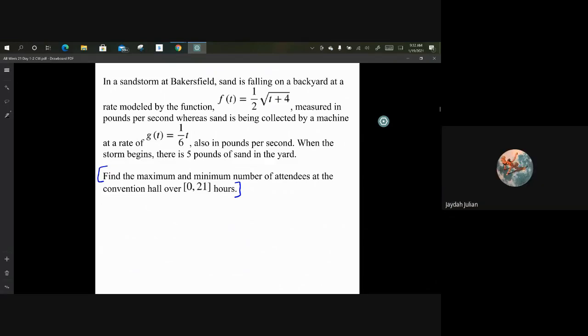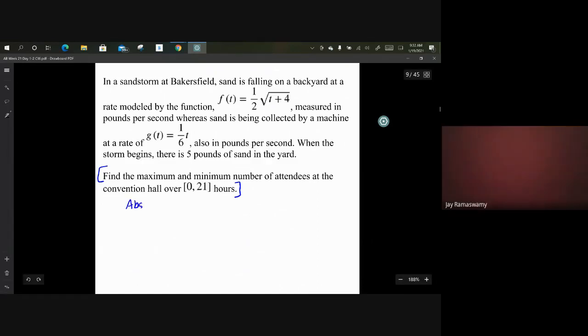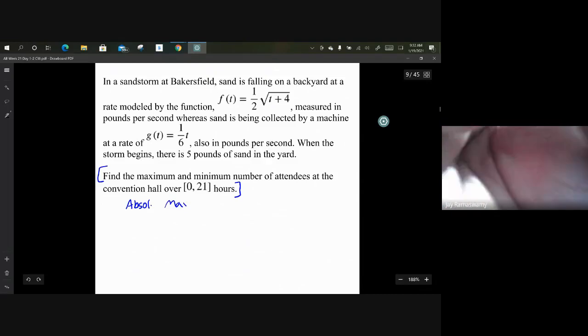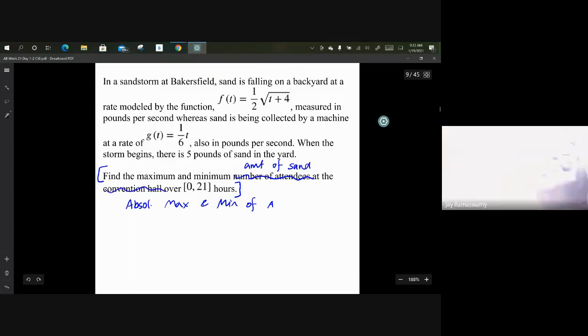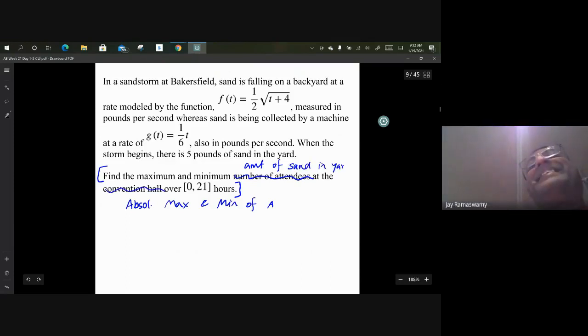It's the absolute minimum and the absolute maximum. Okay, so we want the absolute max and min of A of t. Oh, but it's actually the amount of sand in the yard. That is a typo. Okay, of A of t.